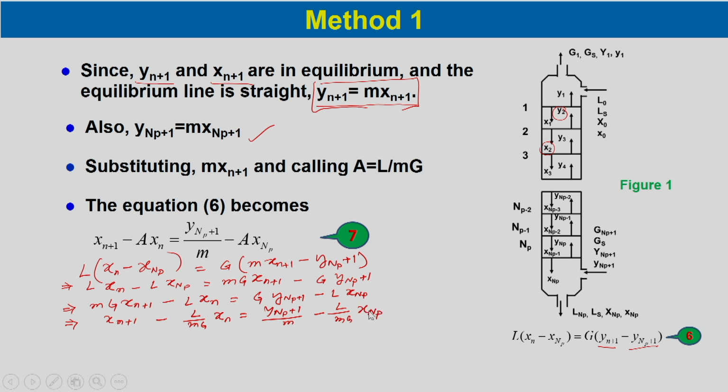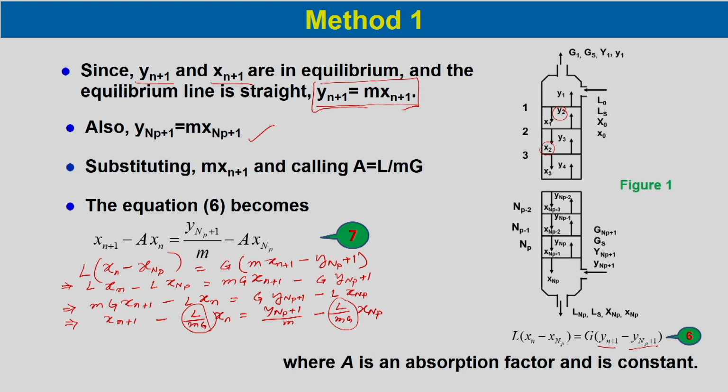Hence, this term is A, the absorption factor, and this is also the absorption factor. So, we obtain equation 7, where A is the absorption factor and is a constant.